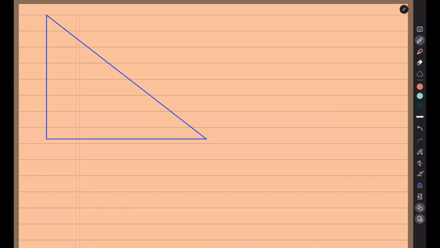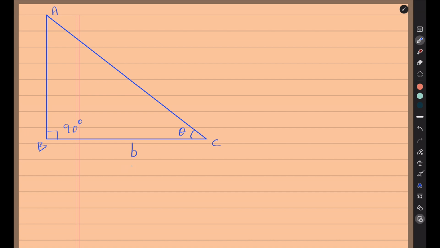So here we have made a right angle triangle, 90 degree. Let us define the vertices of this triangle, which is ABC. This is theta. So what will be this one?